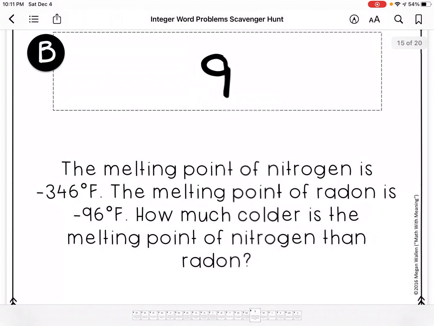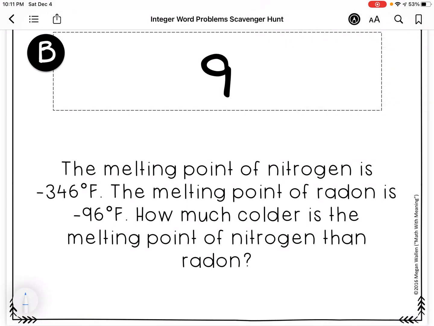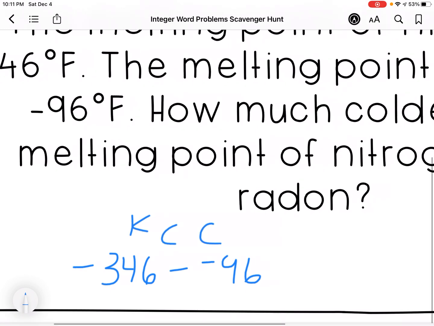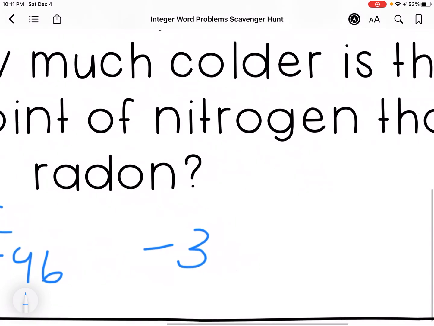The melting point for nitrogen is negative 346 degrees. The melting point for radon is negative 96 degrees. How much colder is the melting point of nitrogen than radon? So keep, change, change. Negative 346 plus 96.